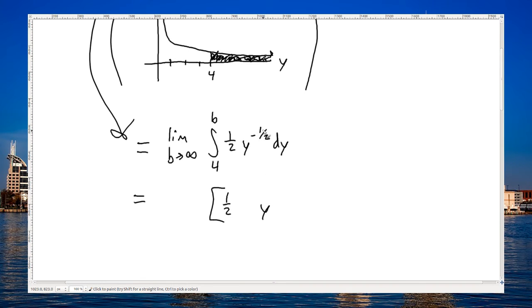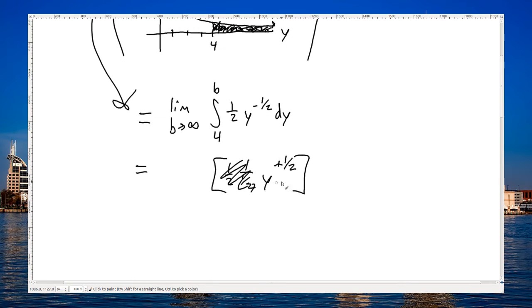So negative 1/2 becomes positive 1/2. I'll divide by positive 1/2. Oh, and that cancels out all this. And that makes sense because if I take the derivative of y to the positive 1/2, the 1/2 comes down, 1/2 becomes negative 1/2. So that is the derivative of y to the 1/2. I've got 4 up to b. Limit as b goes to infinity.